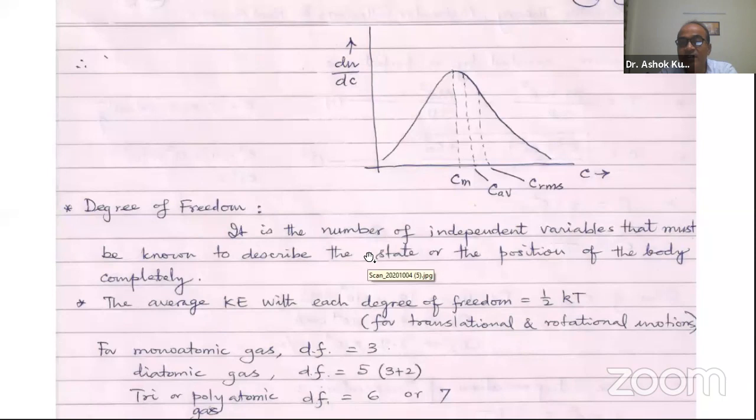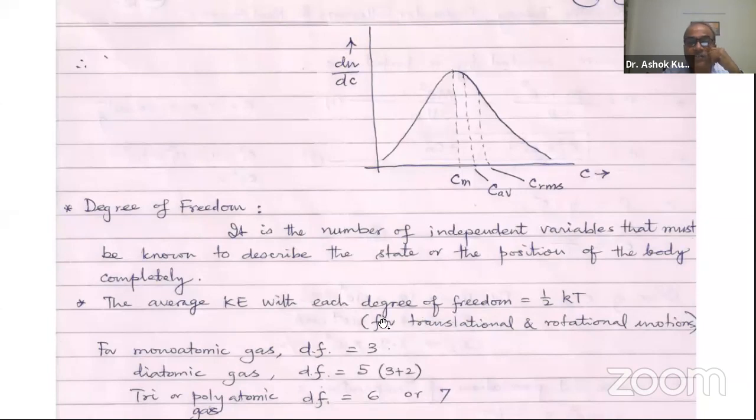So we say that the ant has degree of freedom 2 because it has x and y directions freedom, so it can move on a surface. If there is a fly, it can move along x y z direction in space, so we say it has degree of freedom 3. But if the fly can rotate also, the degree of freedom will increase, so 3 plus rotation. Now how this can rotate, that we will explain later on.